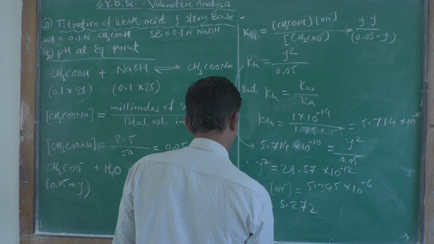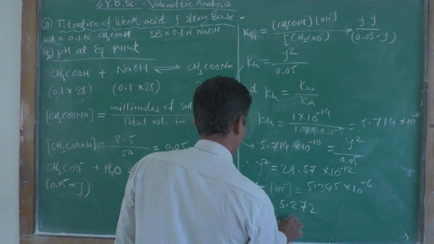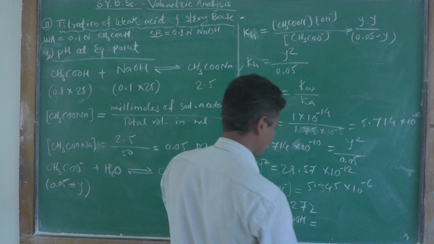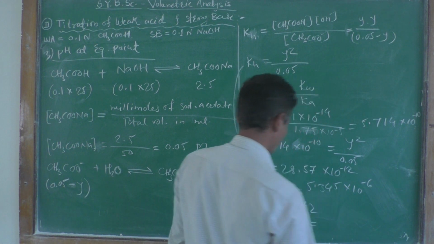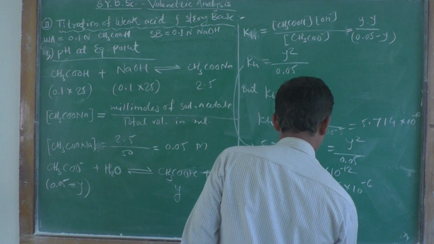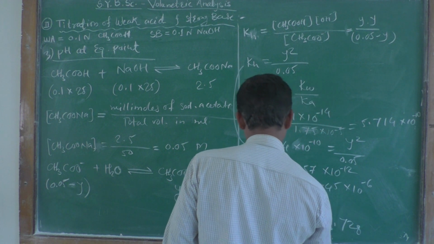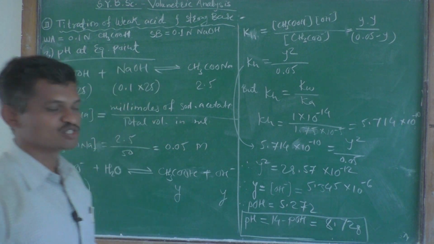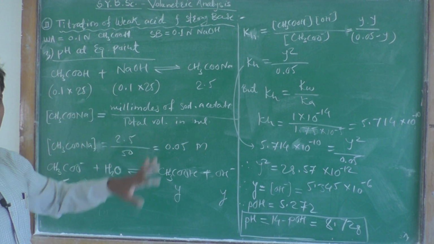Once you have the pOH value, you can calculate the pH. pH is equal to 14 minus pOH, so 14 minus this figure, the answer will be, I think, 8.728. So this is the pH of the solution at the equivalence point, meaning when 25 ml of NaOH is added to 25 ml of acetic acid.